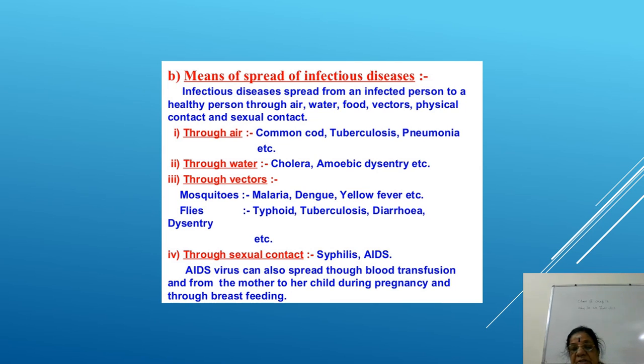I hope you could follow this. Then through sexual contact, they are called sexually transmitted diseases, such as syphilis and AIDS. The AIDS virus can also spread through blood transfusion, and from mother to child during pregnancy and through breastfeeding.